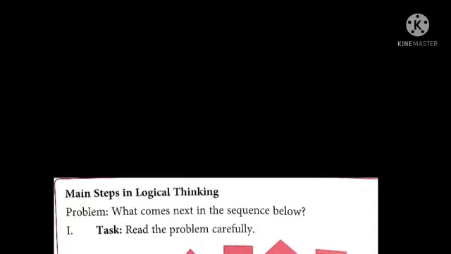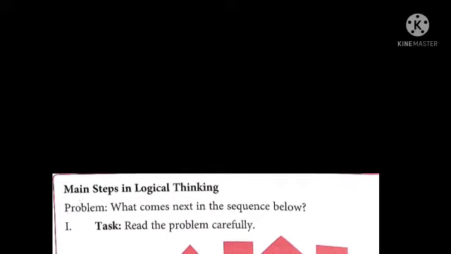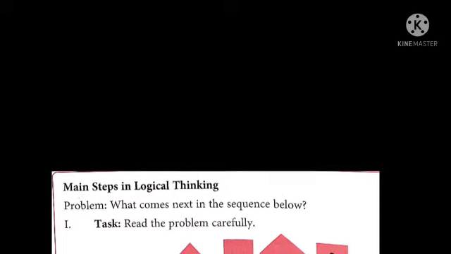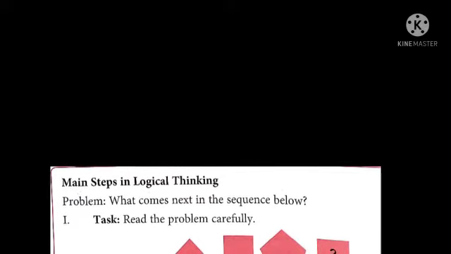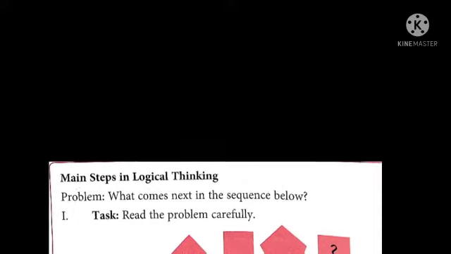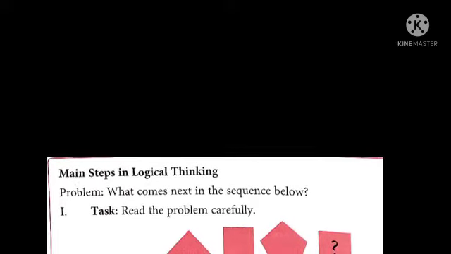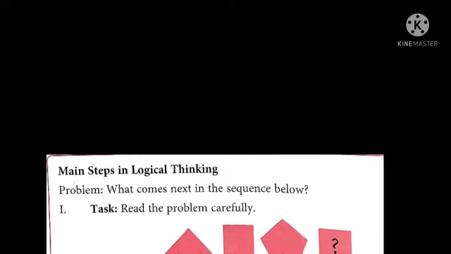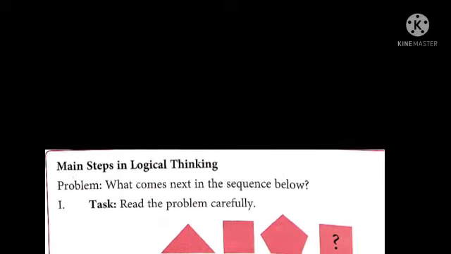Let's see the first problem. Here, the problem is what comes next in the given sequence. The first step of logical thinking is you have to identify your goal. What you have to do here? Here, you have to find the fourth shape in the given sequence. Now, the second step is to identify the information which is available from this given problem.